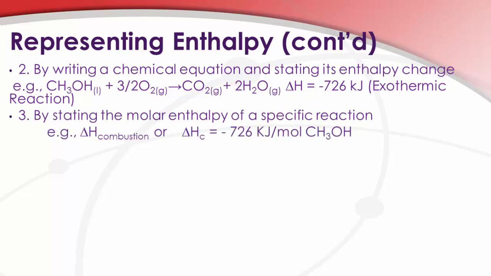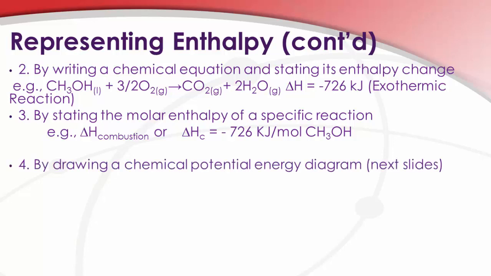Now, we can also, instead of doing this, write the molar enthalpy of a specific reaction. So in this case, notice that we changed this to kilojoules per mole. When we do this, we have to specify per mole of what? Because the answer is not negative 726 kilojoules per mole of oxygen, because we use a different amount of oxygen.